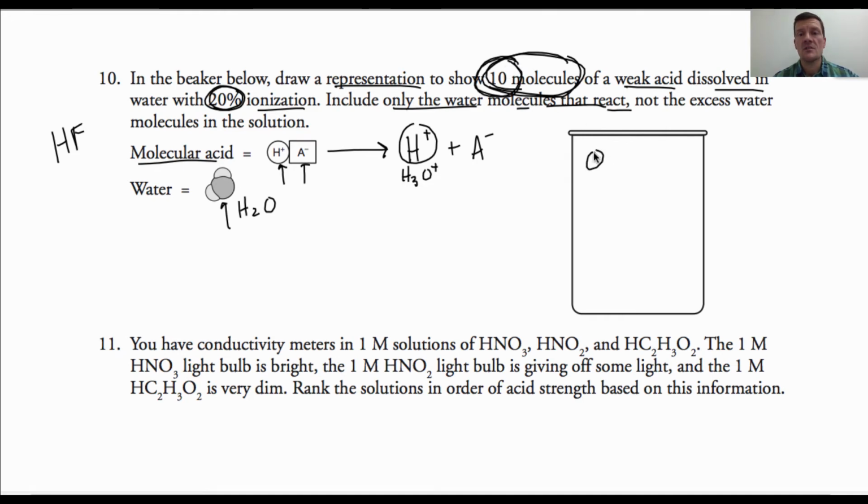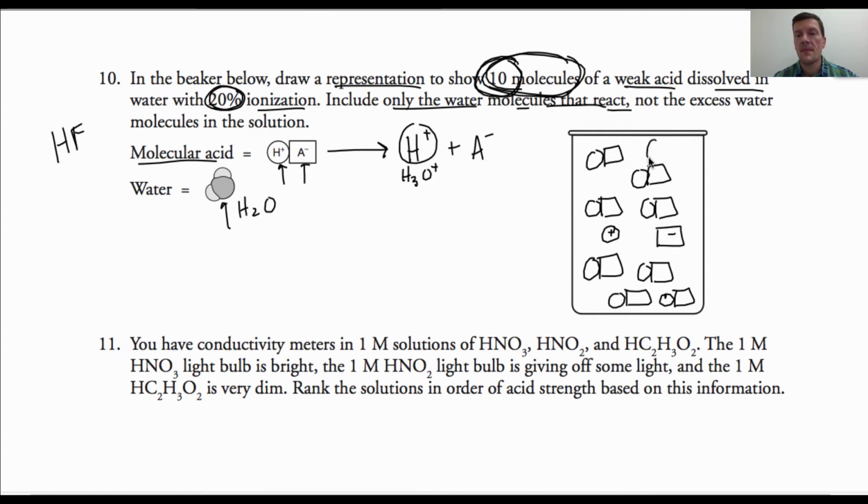So you're going to draw 8 of these together. Eight of them stay together. There's 8 right there. And only 2 of them are going to break apart. I'll put the other one up here. Alright, something like that. Oops, sorry, that should be a plus. And if you want to, you could turn the H plus into a hydronium here.